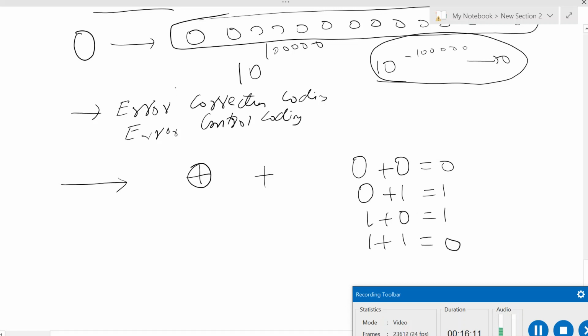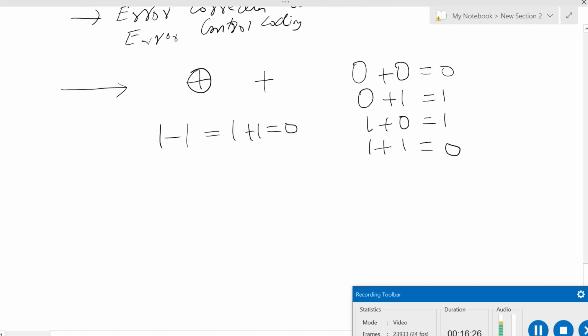Okay, and in case of binary, 1 minus 1 is same as 1 plus 1, which is 0. That is the difference in binary arithmetic, and we will need this arithmetic very often.